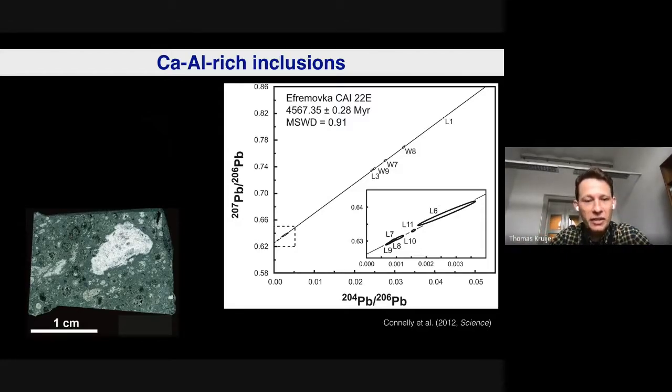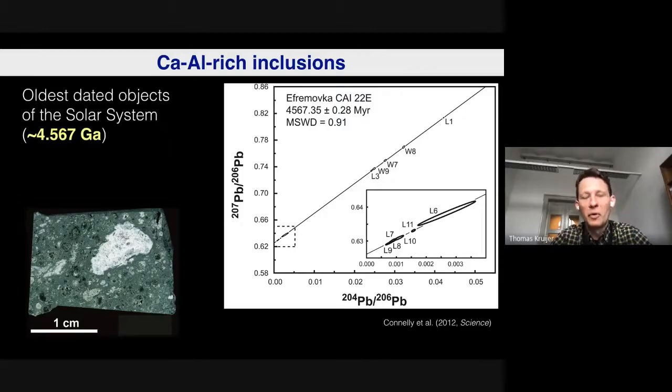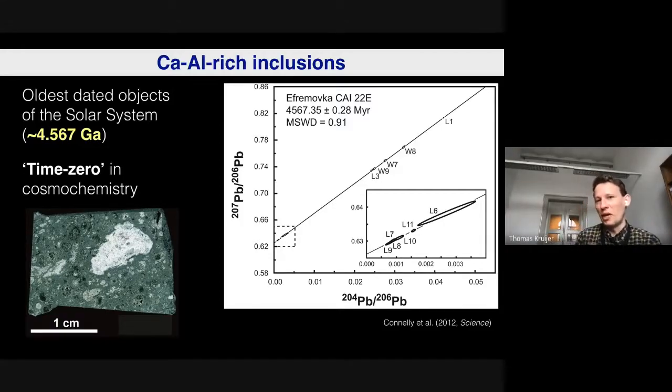And the age that is consistently obtained for CAIs, calcium-aluminum-rich inclusions, is 4.567 billion years. And this age is the oldest age that we've obtained for any object that formed in the solar system so far. And therefore, they are thought to basically date the start of solar system history, at least from a cosmochemistry point of view.